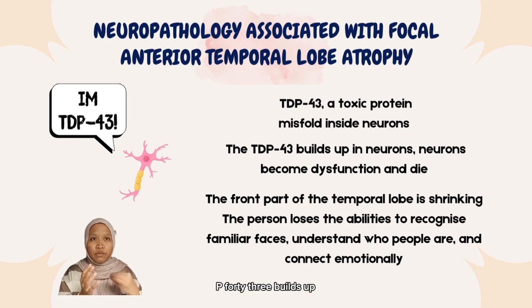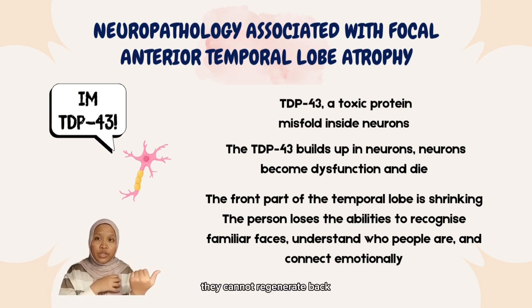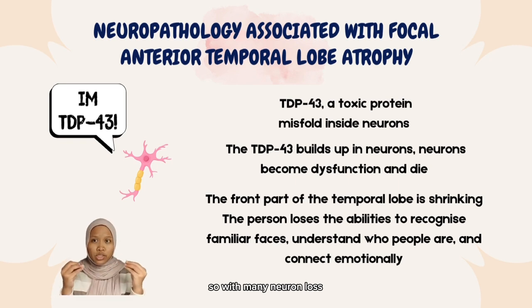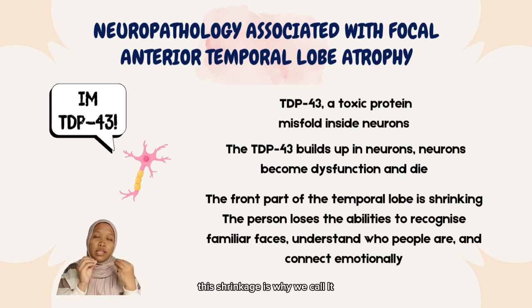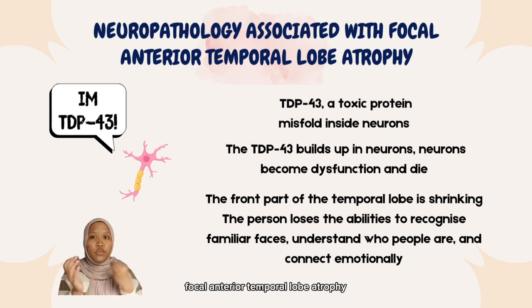As more and more TDP-43 builds up, the neurons begin to break down and die. Here's the main problem: once neurons die, they cannot regenerate or grow back. With many neurons lost, the anterior temporal lobe begins to shrink. This shrinkage is why we call it focal anterior temporal lobe atrophy.